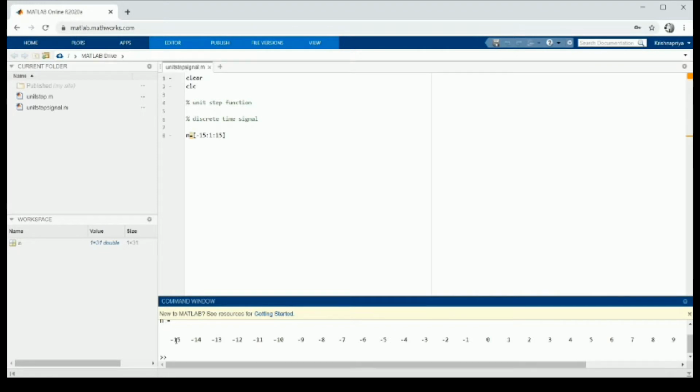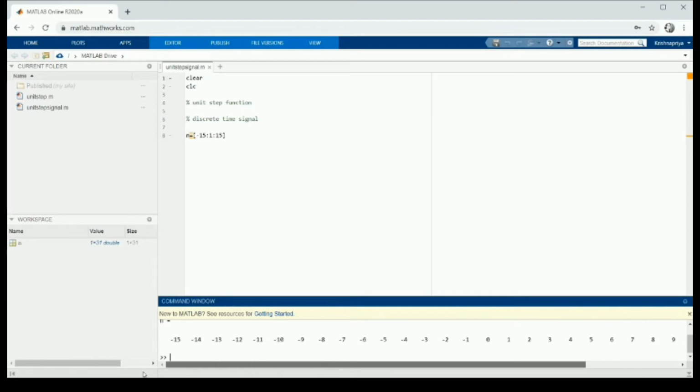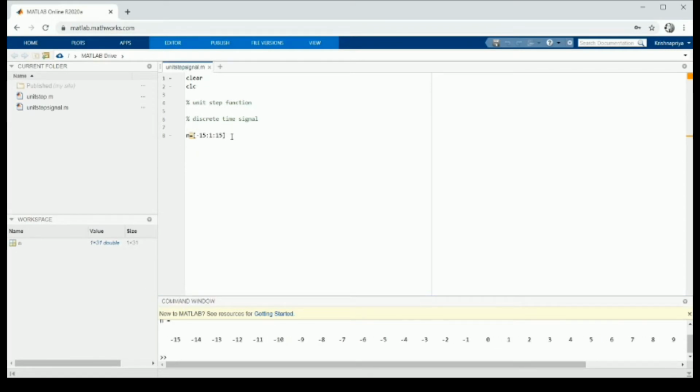It ranges from minus 15 to 15. So we assigned the time interval that we need to plot along the x-axis. And after the command, I'm giving a semicolon so that it will not be displayed along with the next line.